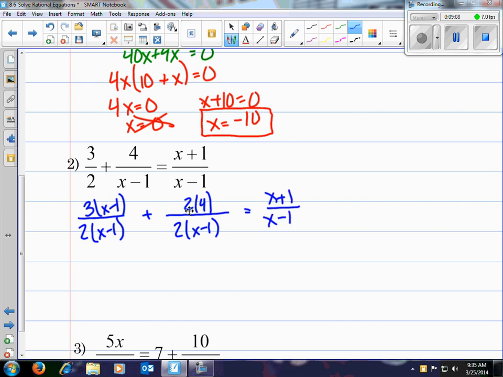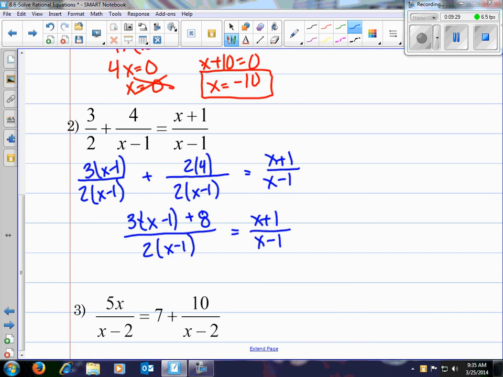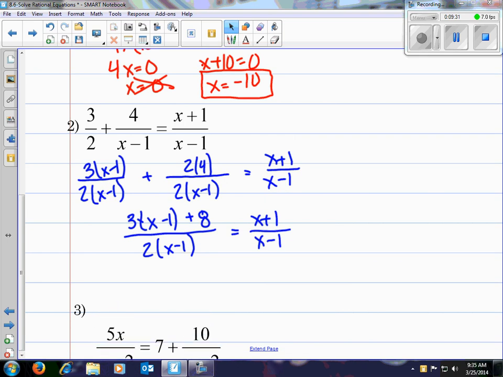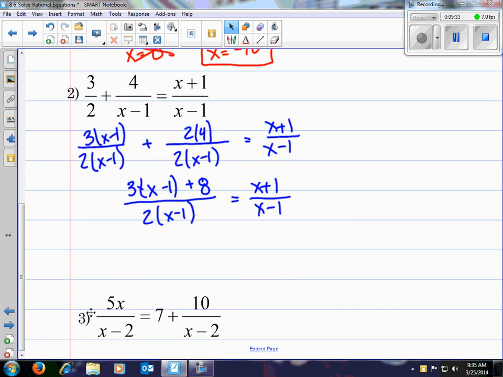Now I can add these together, so I have 3 times x minus 1 plus 2 times 4 is 8, divided by 2 times x minus 1 is equal to, again, x plus 1 over x minus 1. And now if I keep going, I can distribute this here.